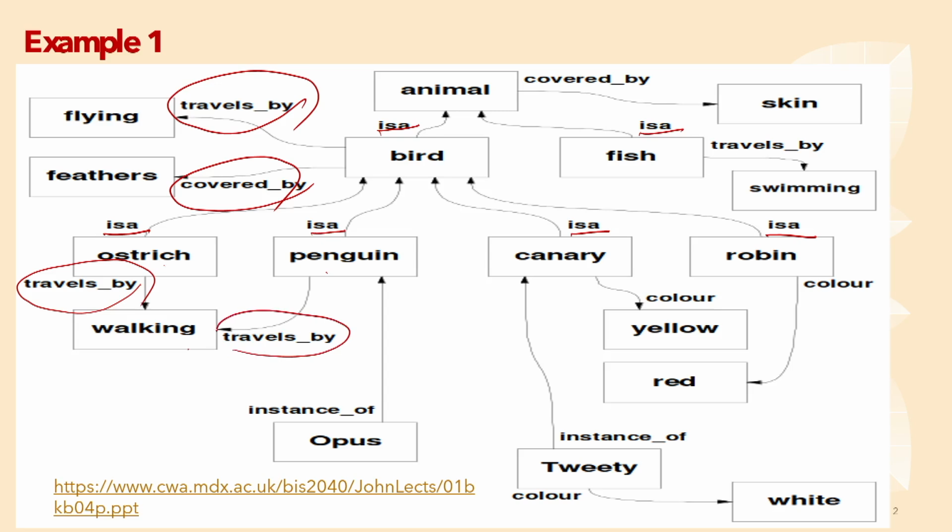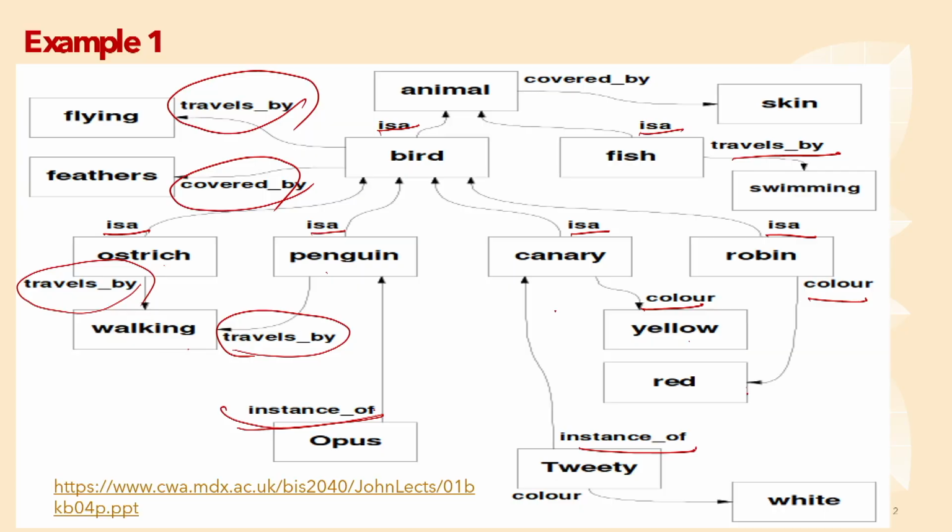Penguin travels by, this is a property. Opus is an instance of, this is an instance, an instance of a particular category. The rest of it is going to be the properties. So, the properties or relationships are given by the edges. So, this canary color is yellow, robin color is red, this travels by swimming.